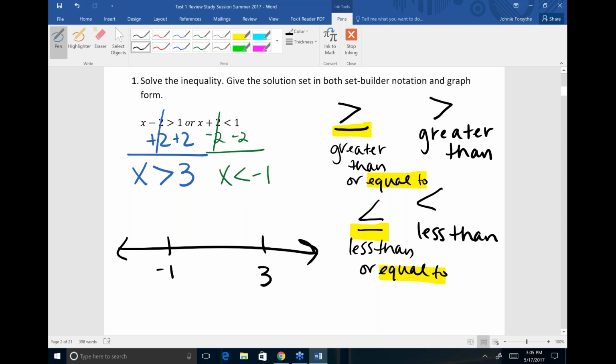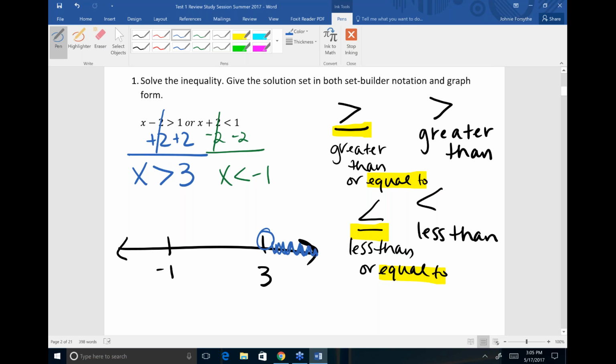Let's start with x is greater than 3. That means that we are not going to include 3. It's just greater than, not equal to. So we're going to use an open circle, and then x is greater than 3. All the values greater than 3 are going to be to the right.